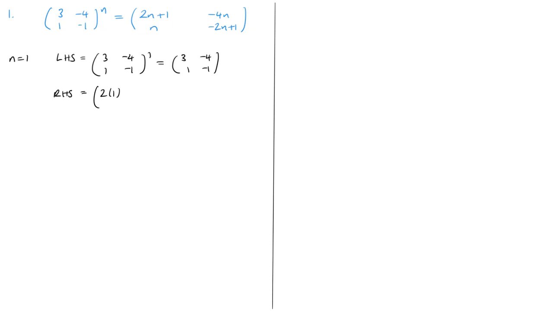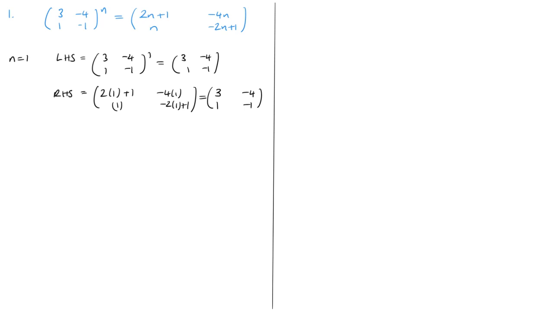So now, substitute the 1 in for n. So 2 times 1 is 2, plus 1 is 3. That's 1, minus 4, and minus 2 plus 1 is minus 1. So there we have it.